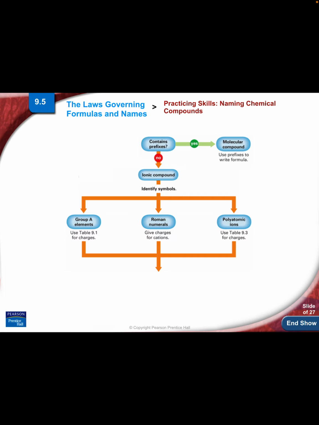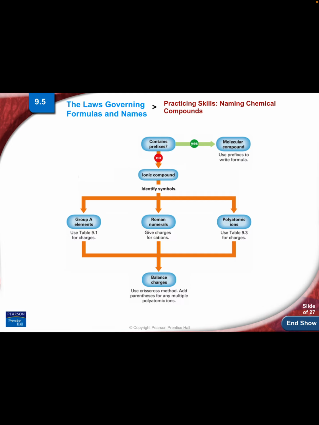And if it's a group A metal, the group number equals the charge for the metals, and for the non-metals, it's the group number minus 8 to get the charge. If it's a group B metal, you use Roman numerals. And for polyatomic ions, you're going to have a table of the polyatomic ions so you know what you're dealing with. It will be included in any test or questions or assignments.